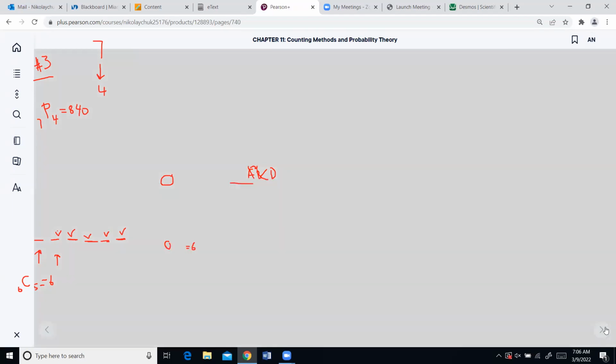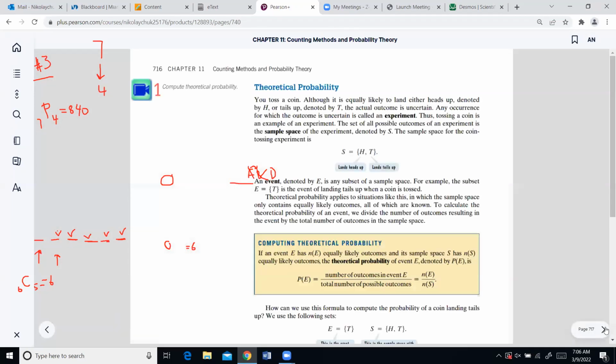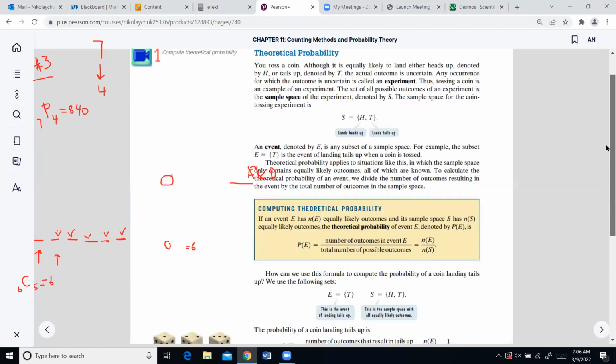Probability deals with dividing two things, one by the other.